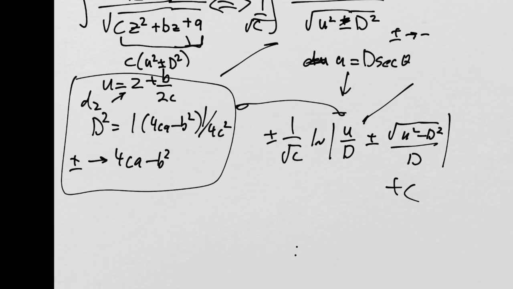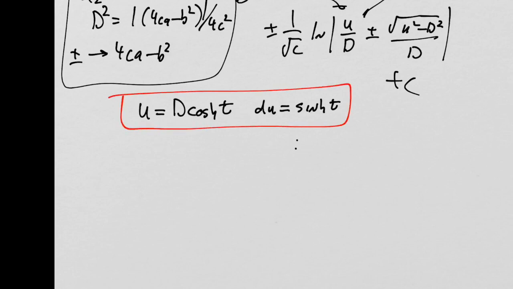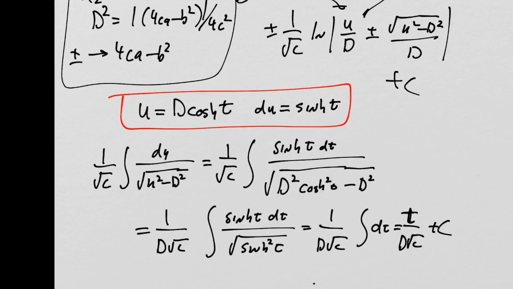The way I'd like to focus on this integral is a little different, though. I want to use this hyperbolic function. u is d hyperbolic cosh t, du is d hyperbolic sinh t. With that, you get a different expression than you would have with the secant. And the substitution is pretty simple when you do this hyperbolic substitution.